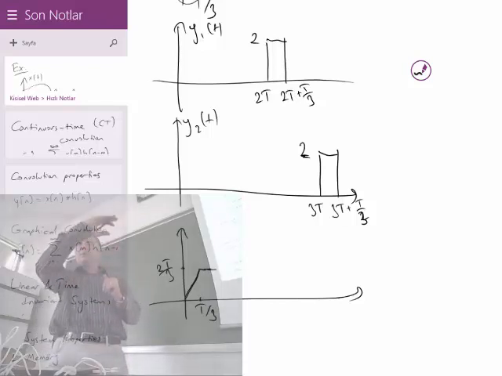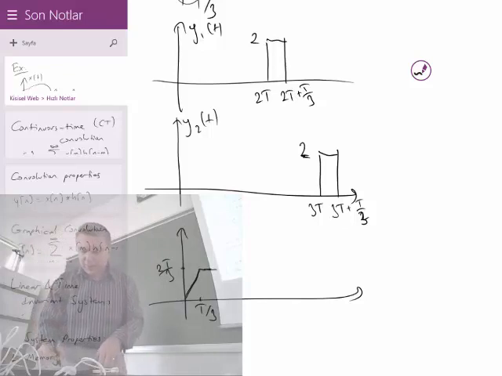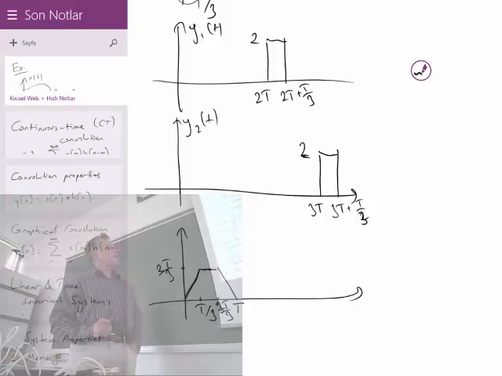This trapezoid sort of thing is the same. And I also claim that this position is 2t over 3, and it declines back to 0 at t. All right. So this is the shape that I get from the convolution of the two rectangular shapes. What other things? So this is y3 of t.